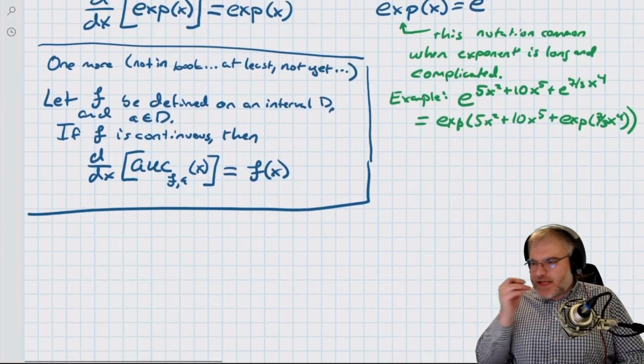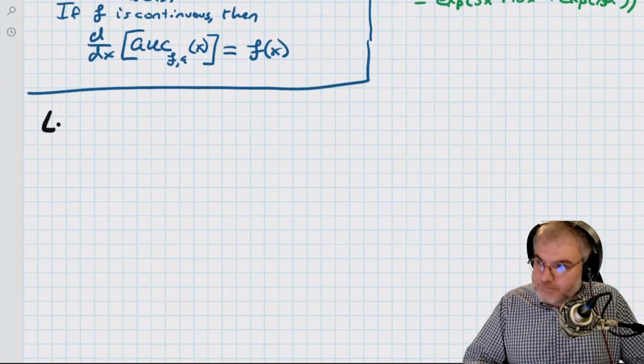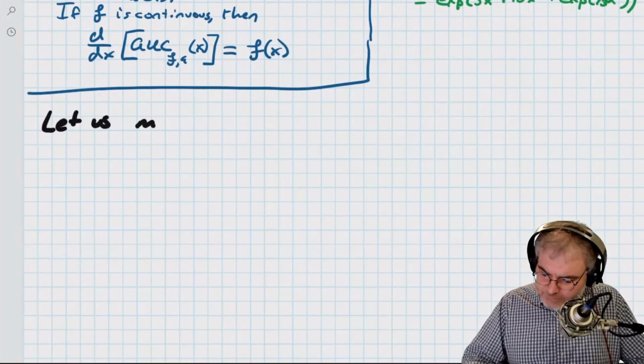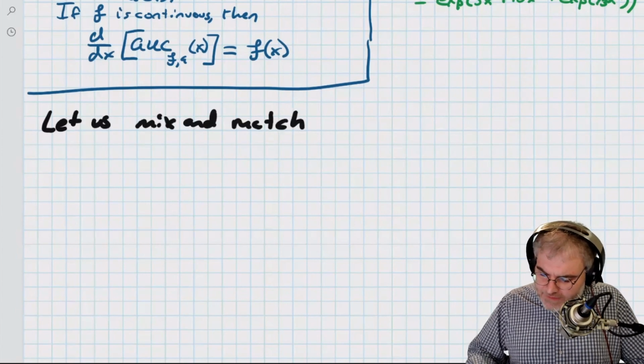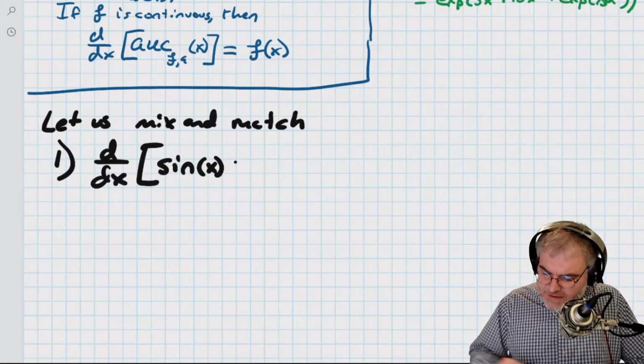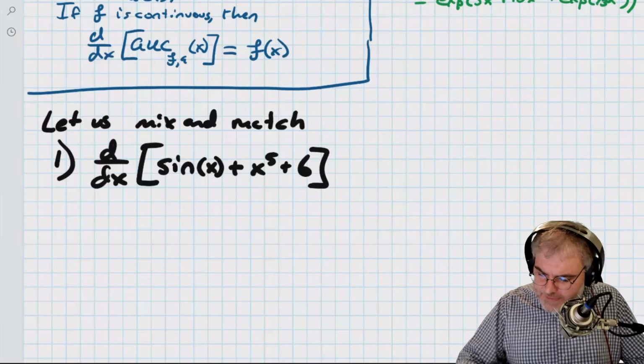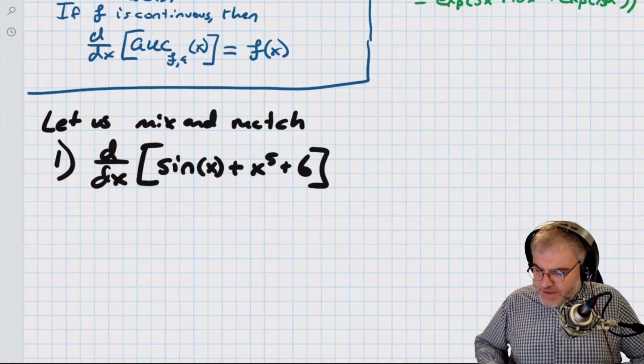Okay, so let's do some examples. Let's mix and match. Right, so here's an example. Let's do d over dx of sine of x plus x to the 5th plus 6. All right, let's do a little mix and match.